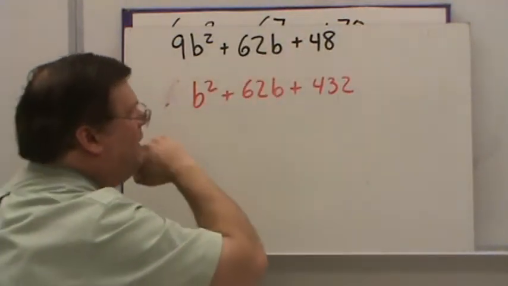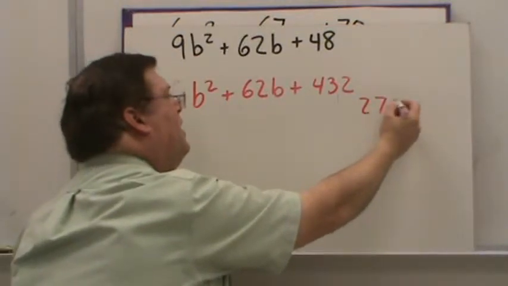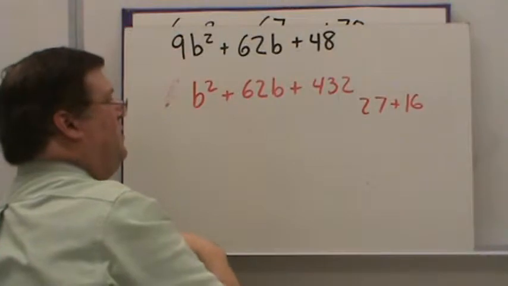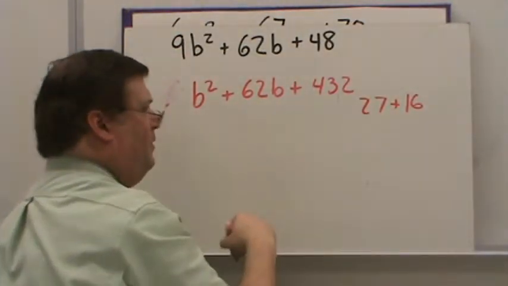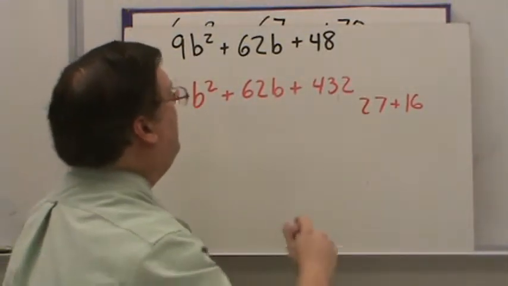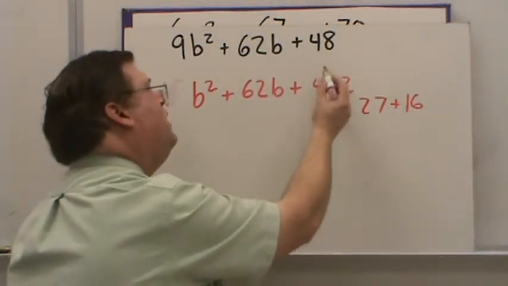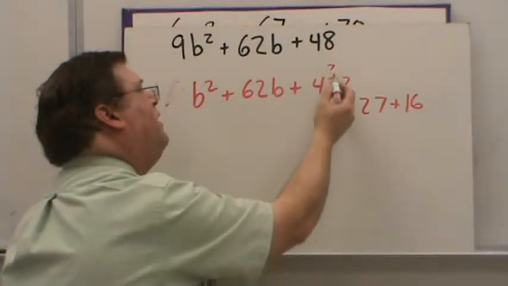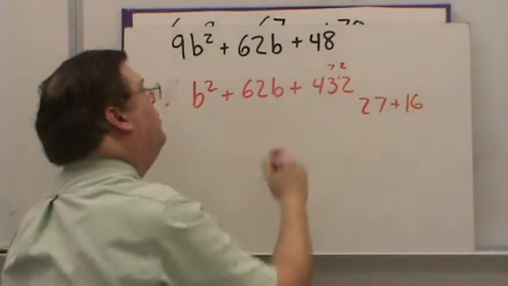Let's say 27 and 16. So I'm going to try 27 and 16. If I do 27 plus 16, do I get 62? No. Still short, so it's got to be a larger number than 27 in there. Let's try, well, just 30. I'm thinking if I go into here 6 times, 6 goes into 432 72 times.